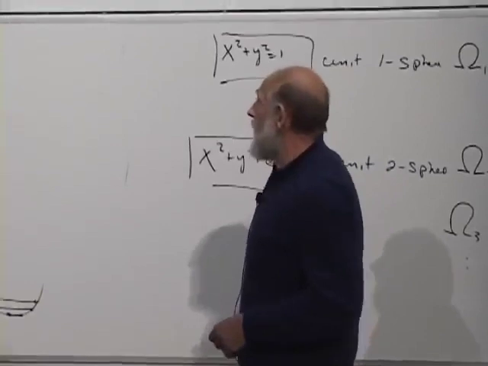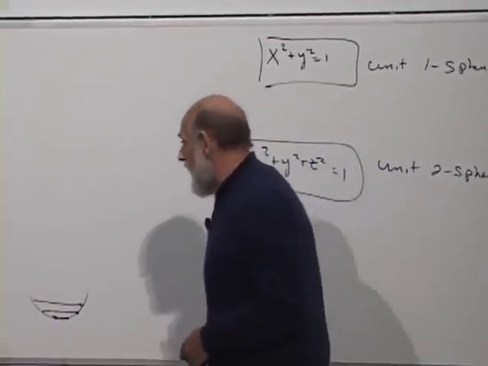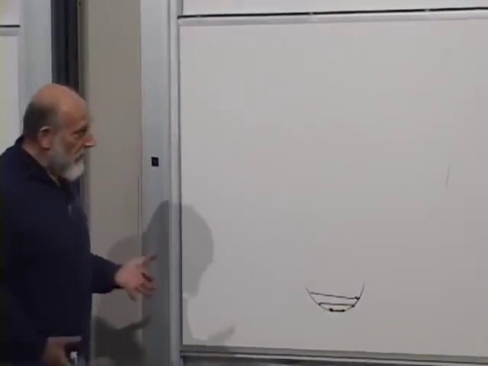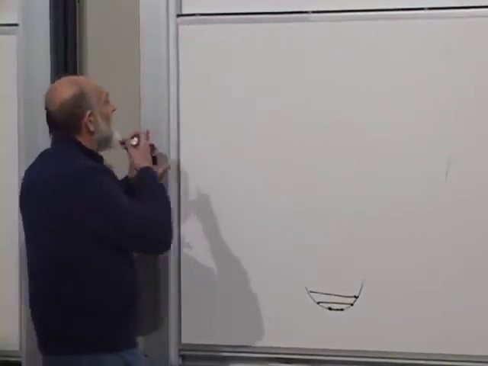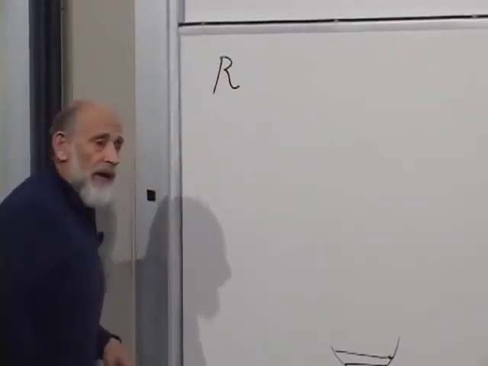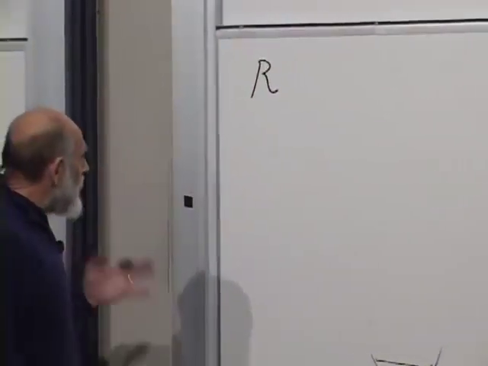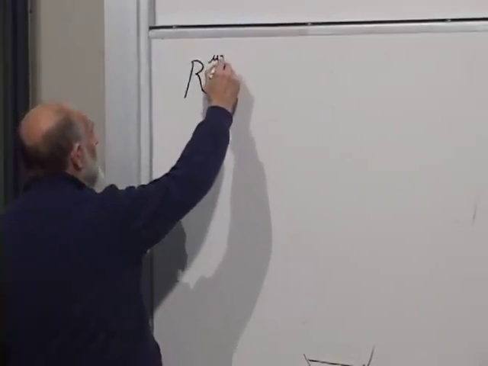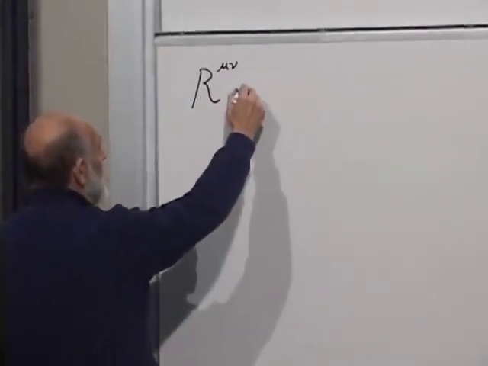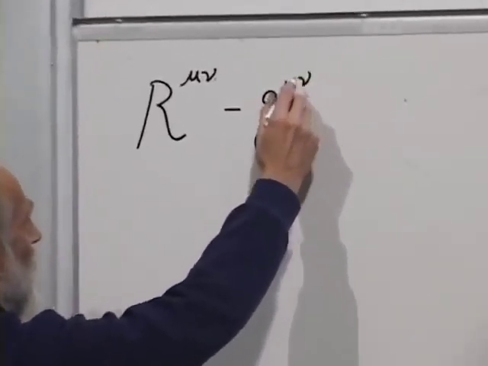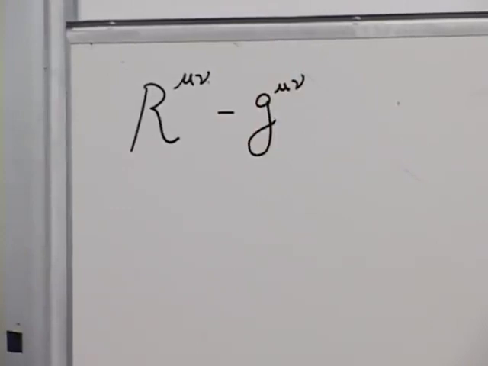So let's start with Einstein's field equations. I'll just remind you what they are. They involve the curvature tensor, and in particular, they involve the Ricci tensor, R mu nu, minus G mu nu. Now, you're not going to need to know the details of this.